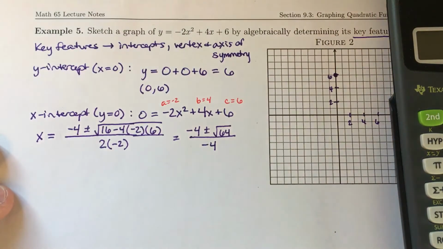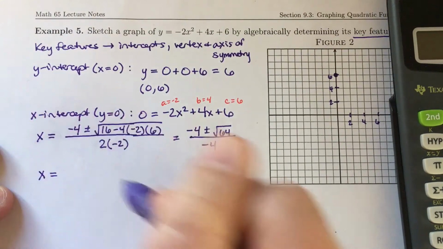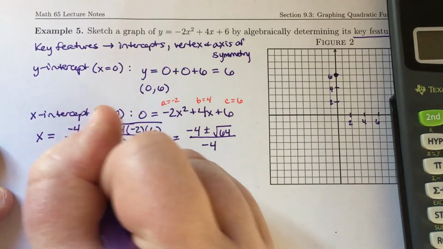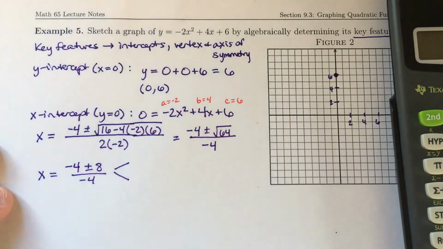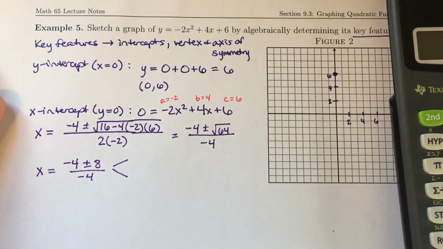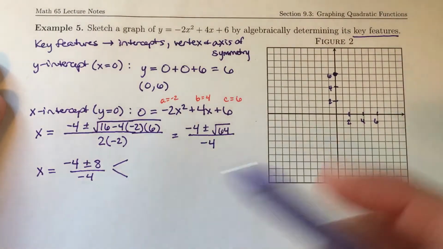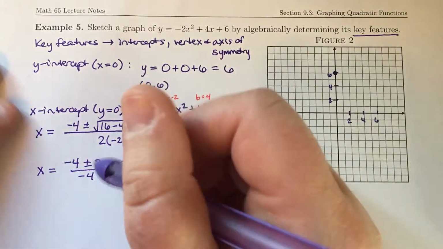This is great because the square root of 64 is just 8. So that means our x-intercepts are at negative 4 plus or minus 8 over negative 4. There are usually 2 x-intercepts for a parabola, and we need to make sure we're seeing this as 2 different answers.